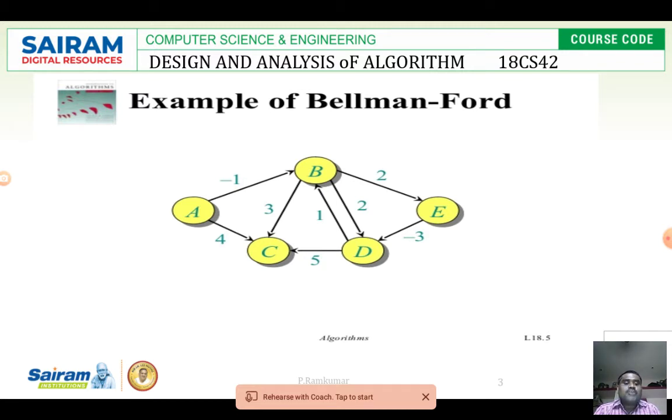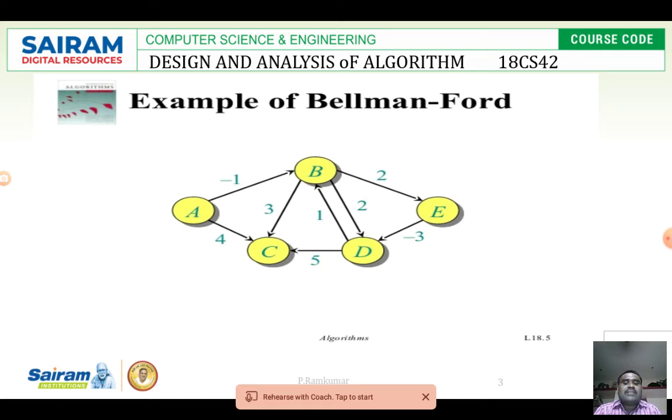Now I am going to apply the relaxation method for all the vertices in a given graph. The relaxation method says that if D(U) plus C(U, V) is less than D(V), then D(V) is equal to D(U) plus C(U, V). This is the relaxation formula.